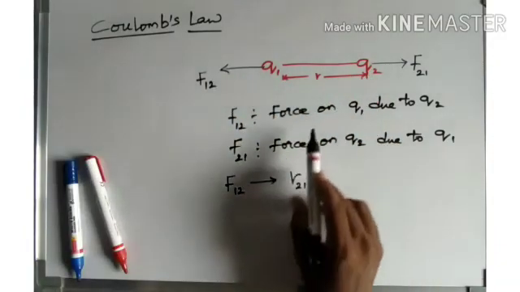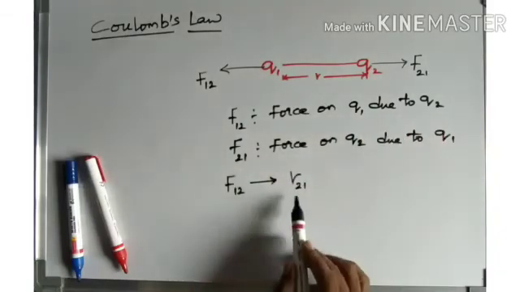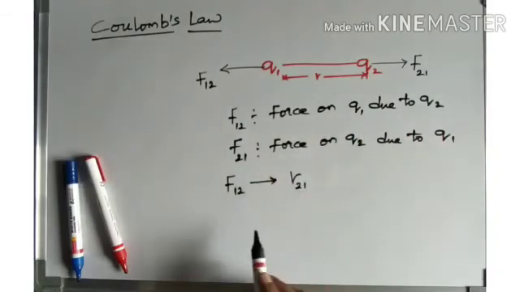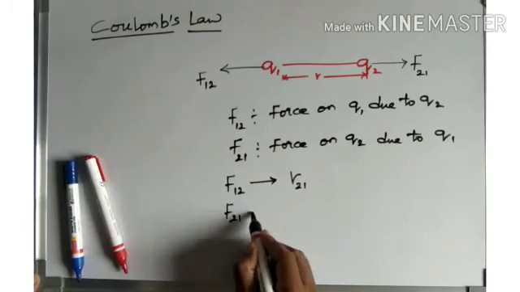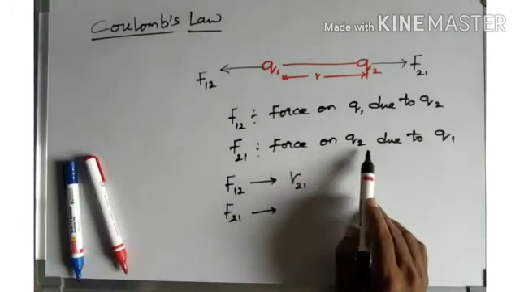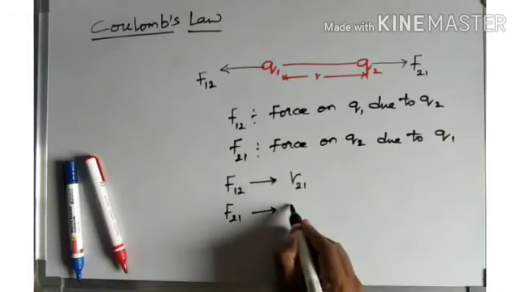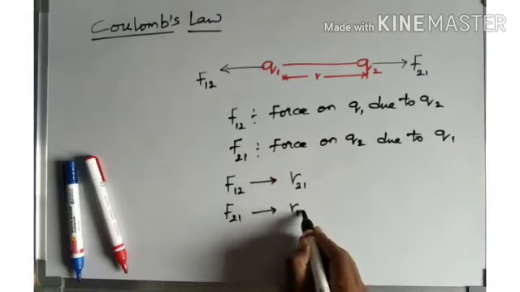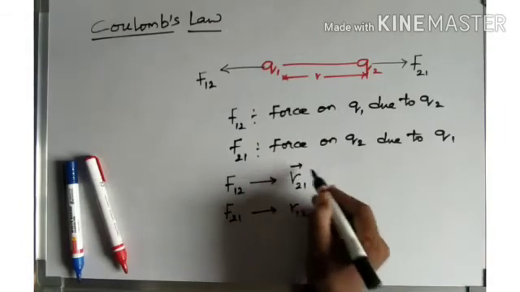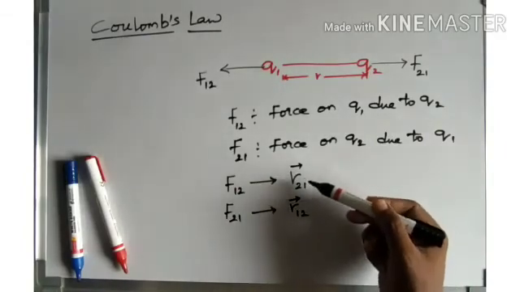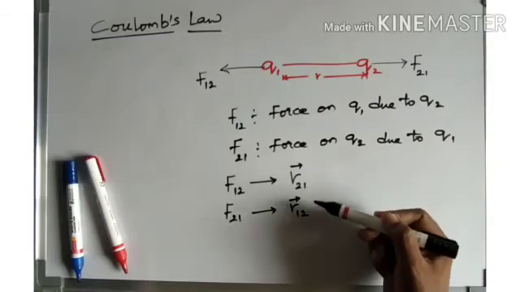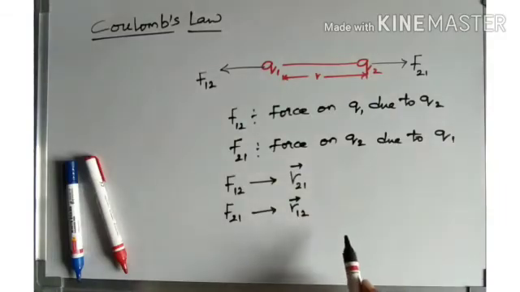Force on Q1 due to Q2 means its direction is written as R21. In the same way, F21 is force on Q2 due to Q1, so we will write R12. What are these R21 and R12? These are nothing but the unit vectors which show the direction of the two forces.